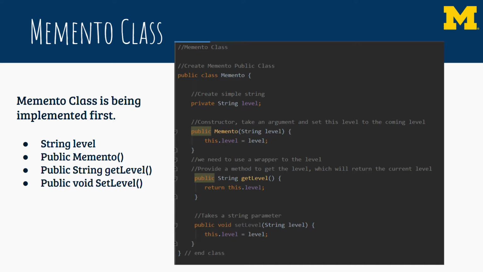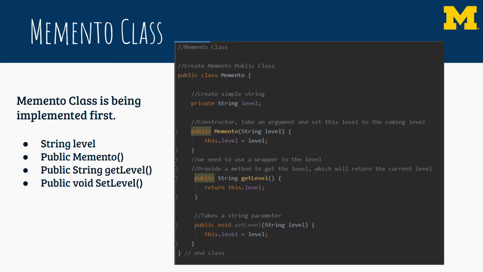Then we have the constructor, which takes an argument and sets the current level to the incoming level. Then we provide a method to get the level, which returns the current level: public string getLevel, and then return this level.